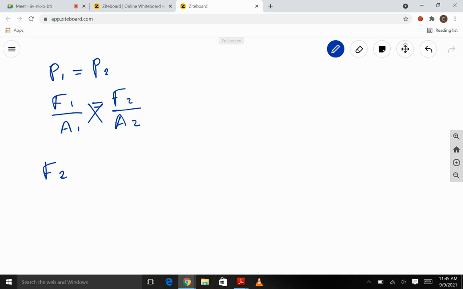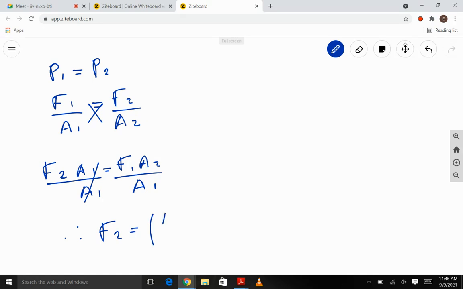So cross multiplying, we are going to get F2 A1 equals F1 A2. So to find the ratio, what are we going to do? We divide both sides by A1, so the ratio is going to be A2 over A1 times the force F1.